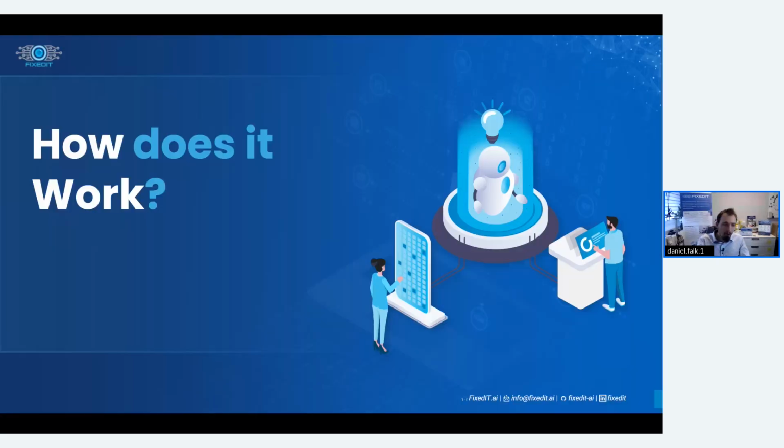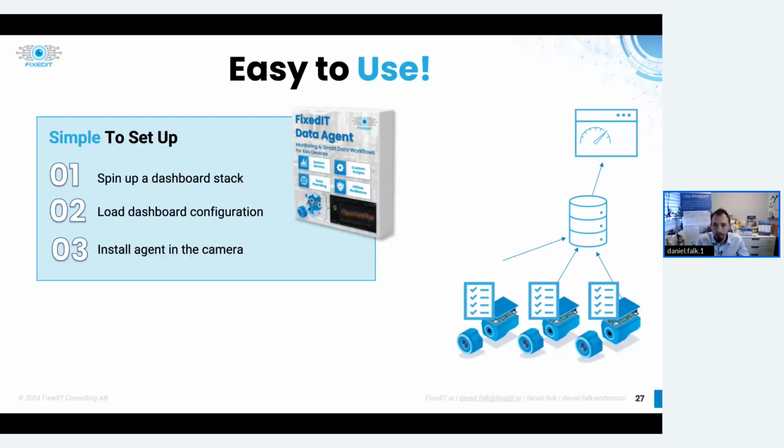So let's go more on the technical side and take a look at how we actually implemented all of these different dashboards in more detail. The first thing, starting with the data agent, which is the core of all the dashboards that we have built here. It's easy to use.